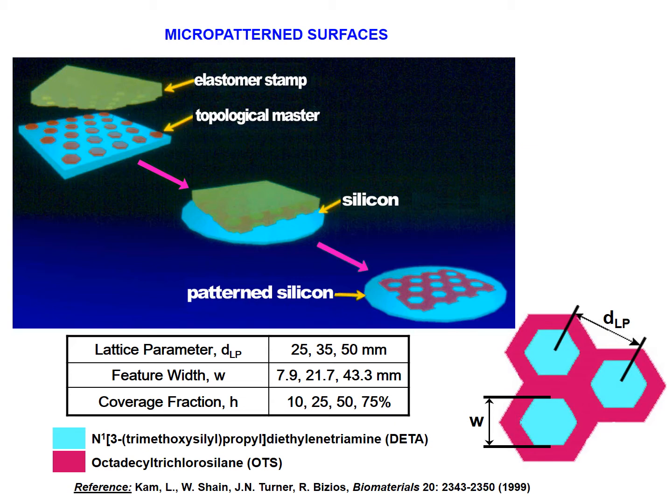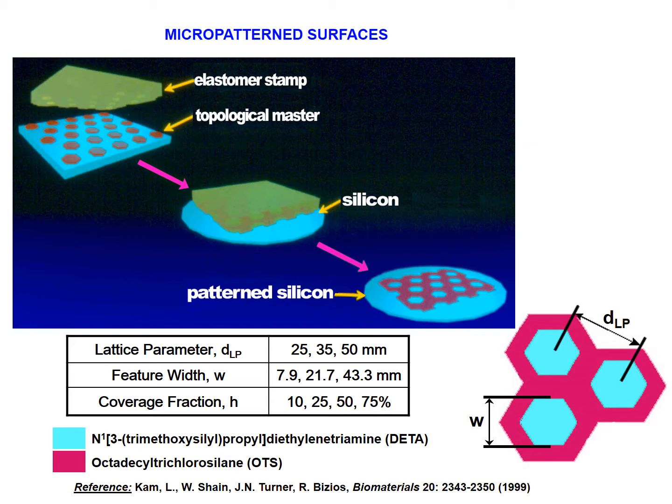Lance chose to use hexagonal patterns for the purpose of covering uniformly the entire surface area of his sample biomaterial. I will not go into the details of the various parameters of the patterns which Lance investigated. Some of the features are listed on the small table under the big figure. If you are interested, you can check the publication which resulted from Lance's doctoral thesis research for further details.